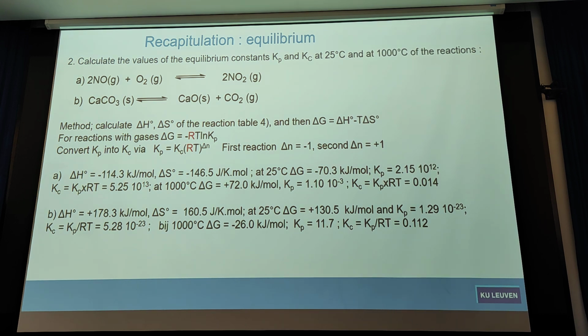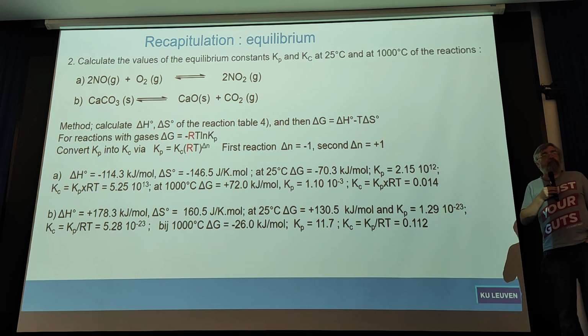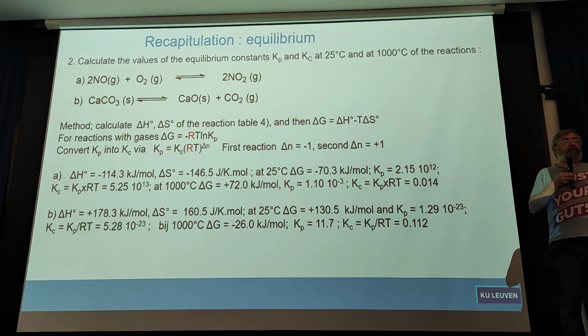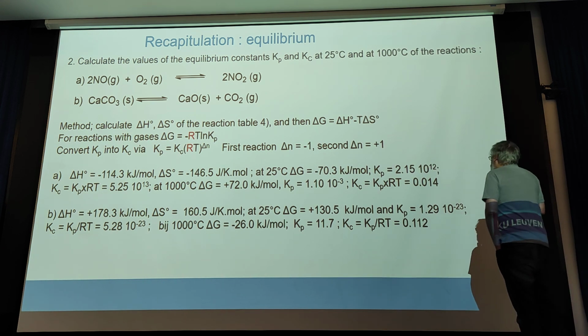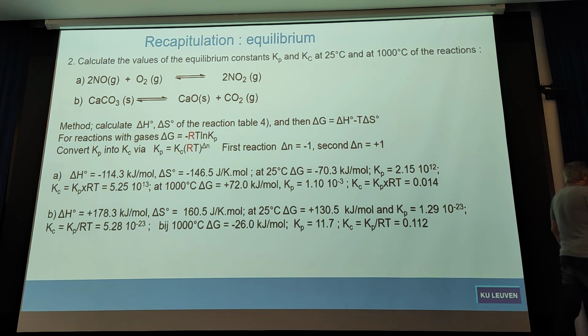So what we find for the first reaction is that delta H is negative, and delta H is independent of temperature, and that delta S is also negative. It should not surprise us that delta S is negative, because we lose gas. If you lose gas, you lose disorder, and that means a negative change of entropy. Now, the free energy will of course be dependent on the temperature.